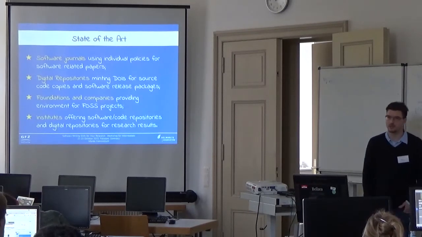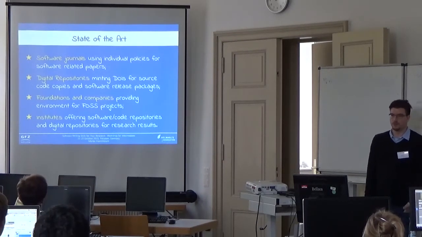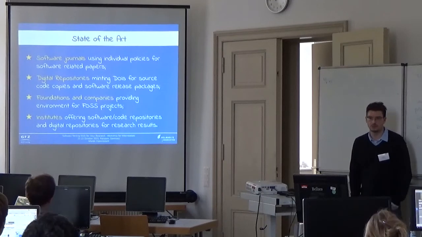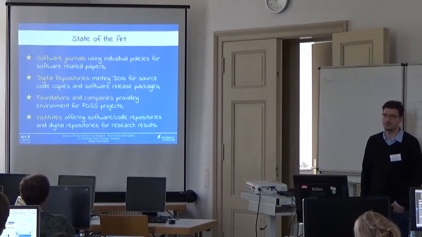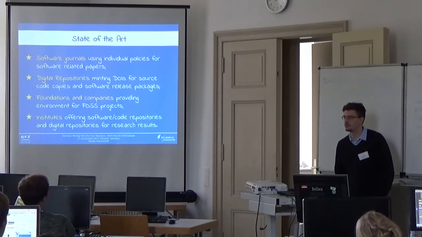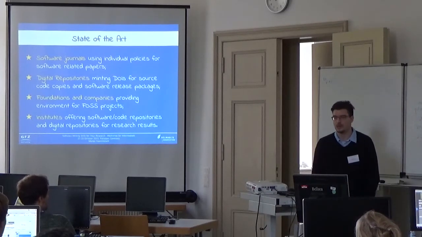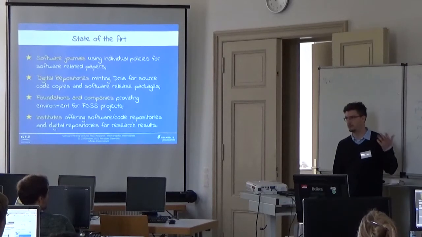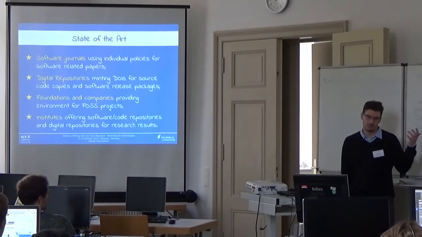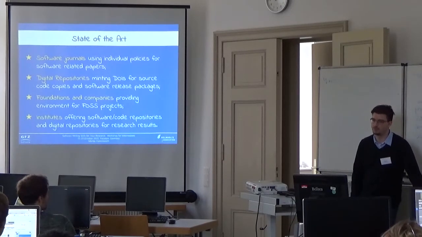So what is the state of the art? When we want to publish software, there are software journals. Each of these journals uses individual policies for software-related papers. Mainly that means you write something about your software. Based on the policies and how strong they are, you have to provide the source code on a public repository, or provide it as complementary material published on the website where the paper is available.